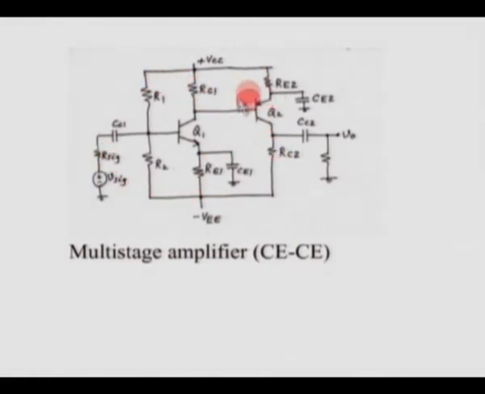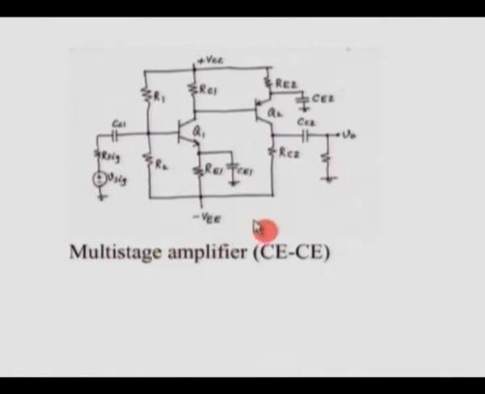But the second stage uses a PNP transistor, and here also the emitter is bypassed and you are taking the output from the collector.